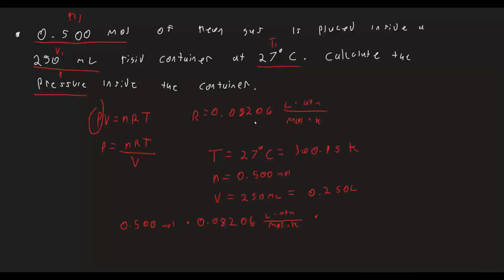After that, we need to multiply it by our temperature, which is 300.15 Kelvin. And then that will all be divided by the volume of 0.250 liters.